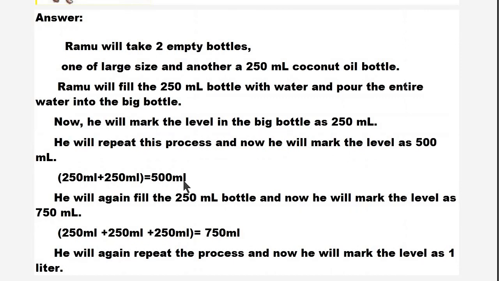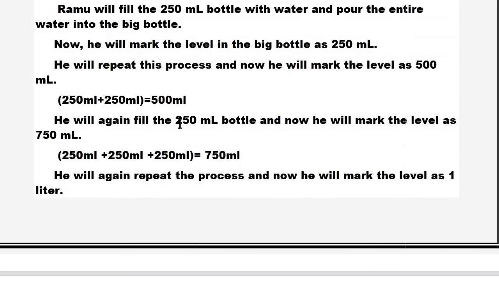250 plus 250 is 500. He will again fill the 250 ml bottle and now mark the level as 750 ml. 250 plus 250 plus 250 is equal to 750 ml.